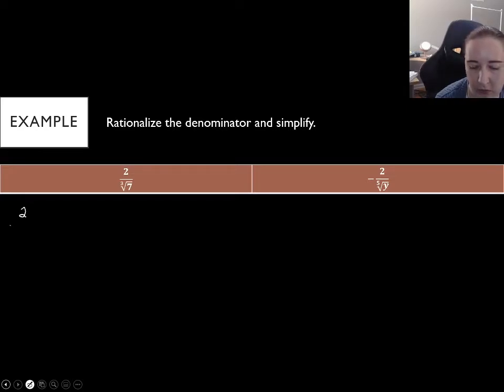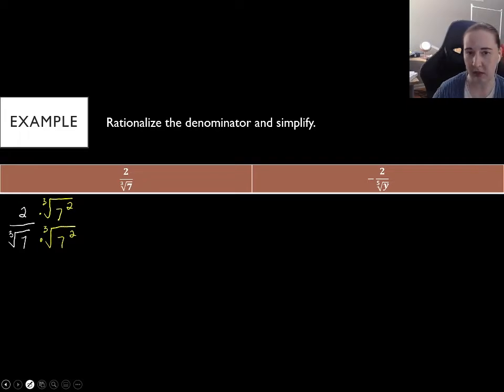So we have 2 over the cubed root of 7. And then we're going to be multiplying by the cubed root of 7 squared on the top and the bottom, so that we have 3 7s there.